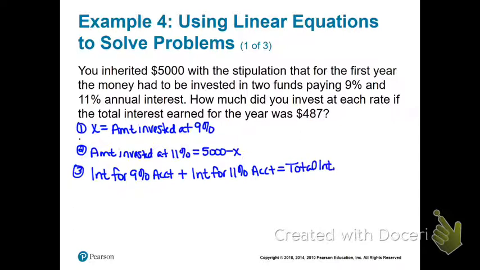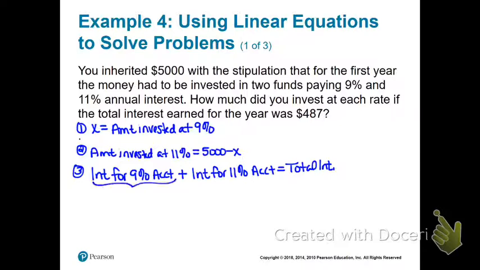Now, we're talking about 9% and 11% annual interest. So that's the amount for the whole year. To find that interest amount, you're going to take the percentage times the amount invested.